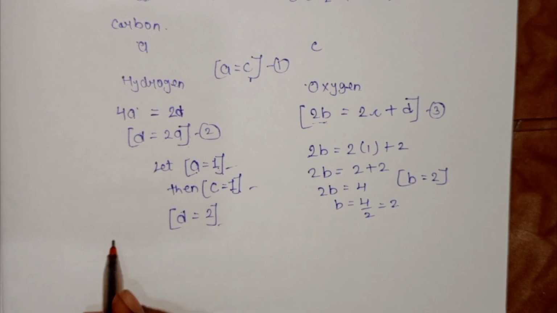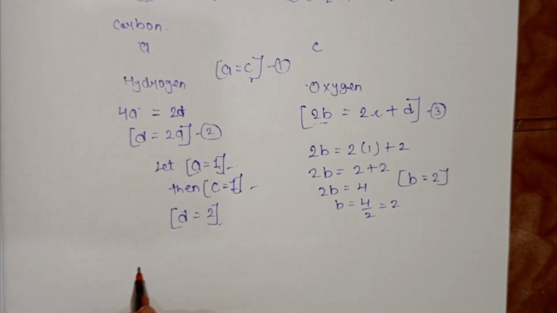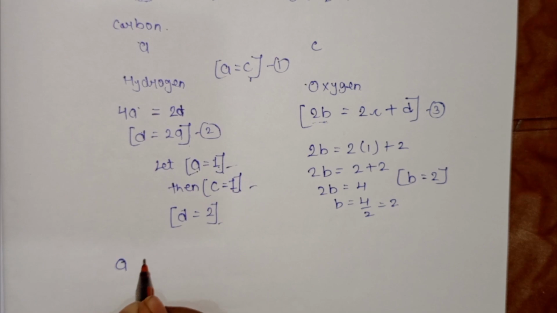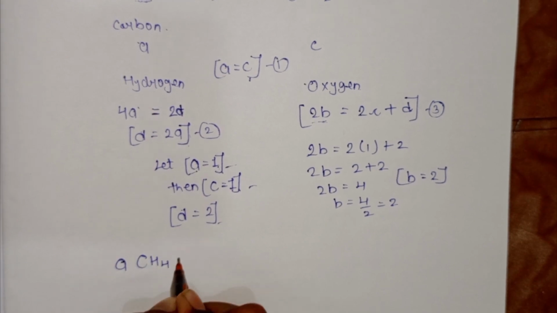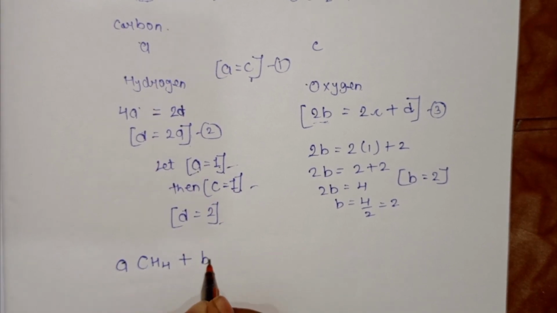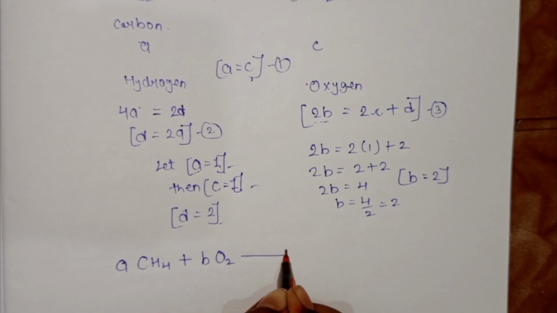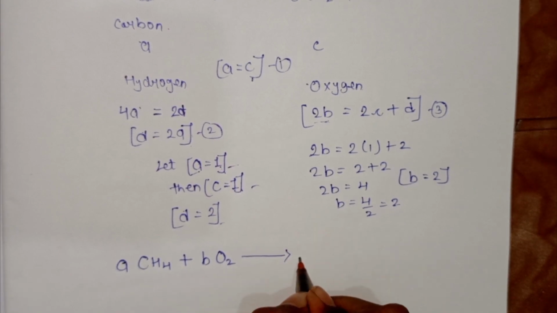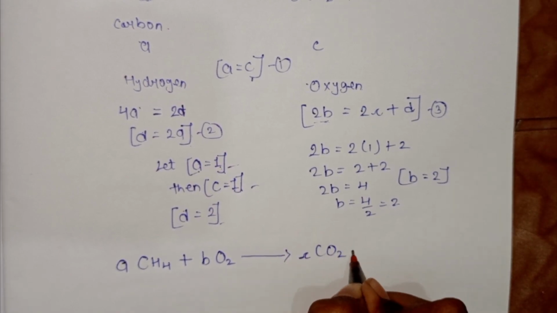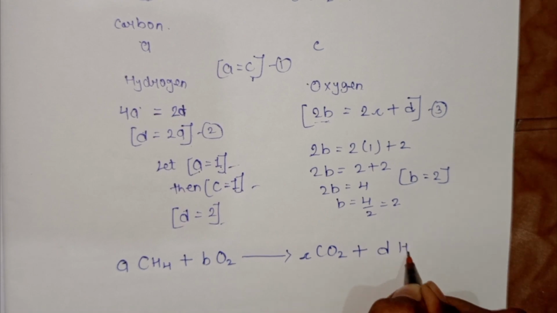So now on putting the values in the skeleton equation, aCH4 plus bO2 reacts and forms cCO2 plus dH2O.